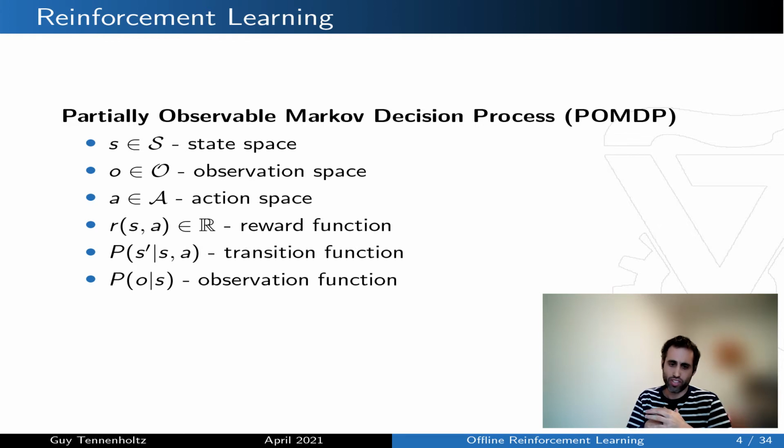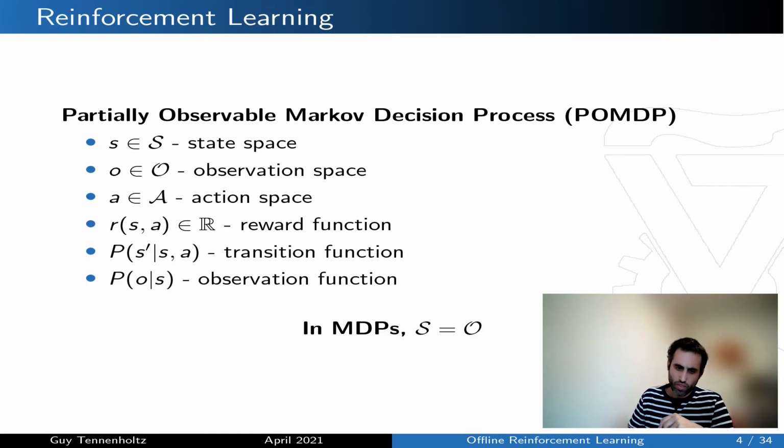And finally, we have a transition function and an observation function, telling us the probabilities of transitioning between states, and the probabilities of seeing observations given that we're in a state. And of course, we do not necessarily know these functions. Maybe in a chess game we would know them, but in general environments there's no reason to believe we know the transition function or observation function. It's something we might want to learn on our own.